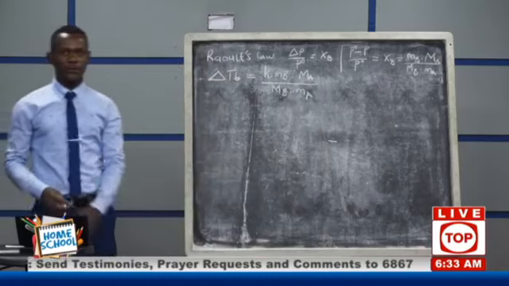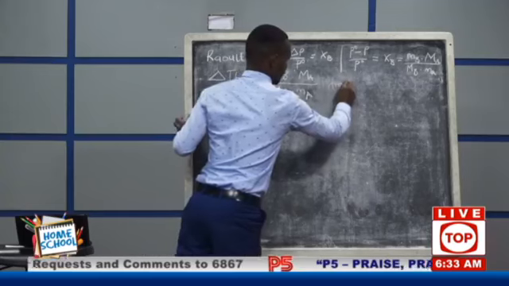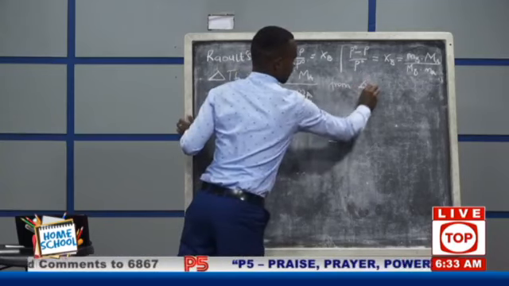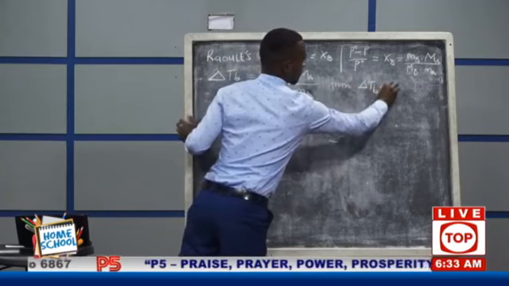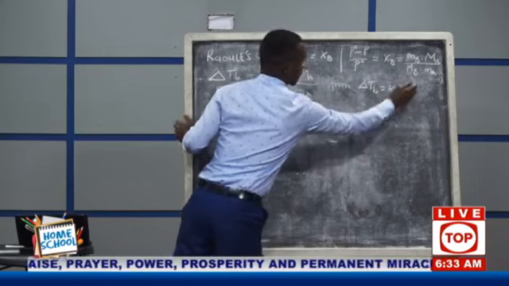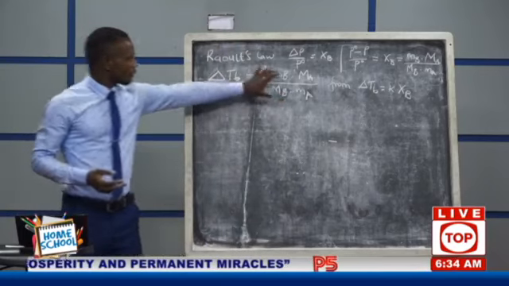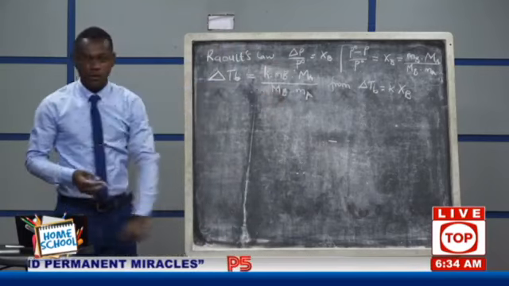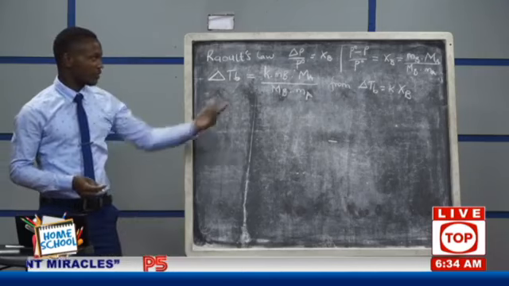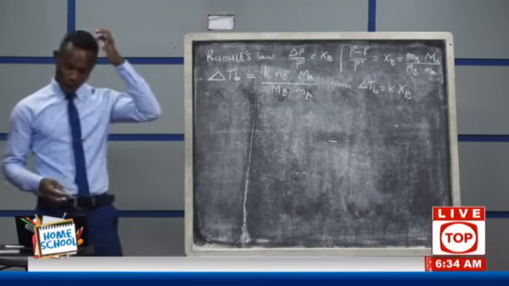That's what we come up with from this expression. All this content is got from the mole fraction, because the mole fraction is equal to number of moles divided by total number of moles.